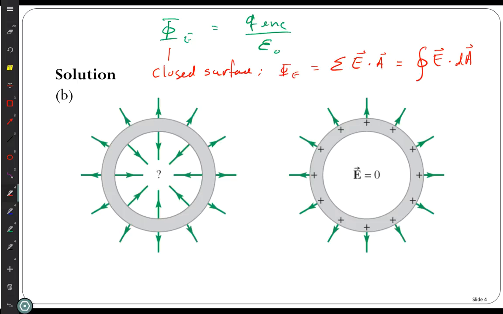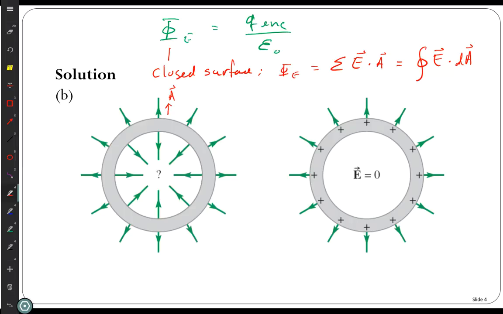What direction do we assign for area? Because you see it's a vector. We assign the area as the direction normal to the surface. So if I look at my sphere, at every point on the exterior of the sphere, the dA is normal. So the area is pointing like that.